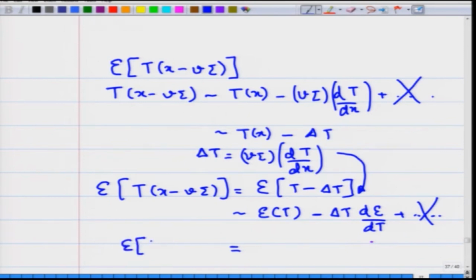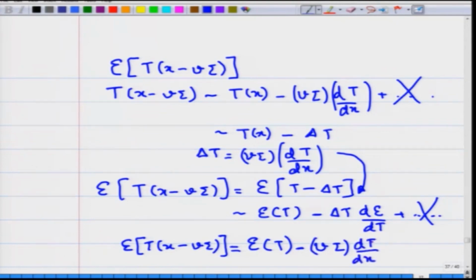And so, if I put all of this here, the energy at x minus V times tau can be written as energy minus V times tau into dT by dx into dE by dT.